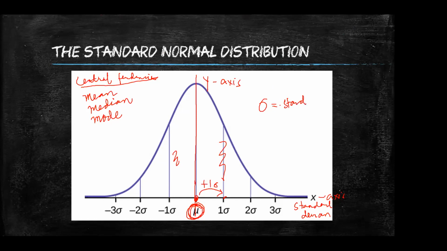So, kaya nga siya sigma lang kasi siya ay, di ba, standard deviation ng sigma. Kasi saan siya nanggaling? Sa sigma squared. Di ba? Ang sigma squared is variance. So, to be able to get the standard deviation, simply square root the variance. Kaya meron tayong standard deviation. Okay? So what else?